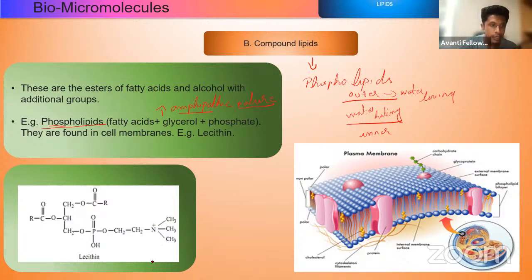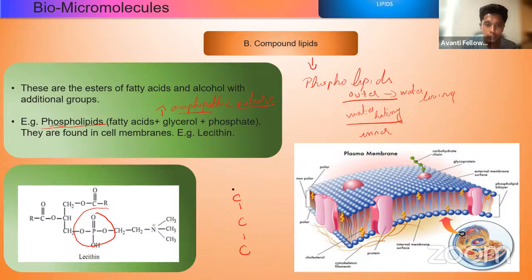For example, if you look at the structure of lecithin, which is a phospholipid, you have this phosphate head, isn't it? A phosphate head, for example, is attached to the glycerol. And for example, you have C, C and C, the 3 carbon atoms of your glycerol molecule.